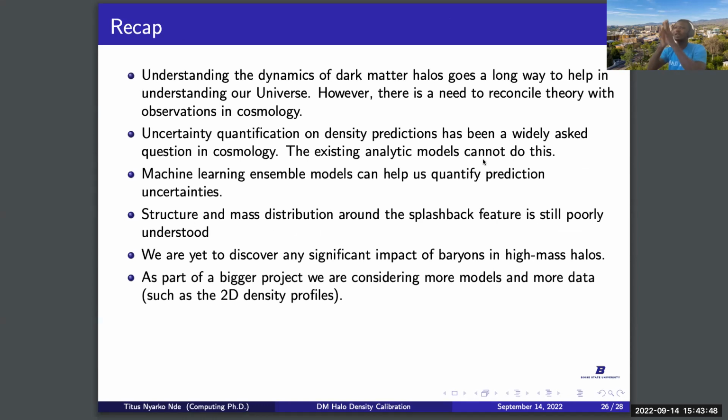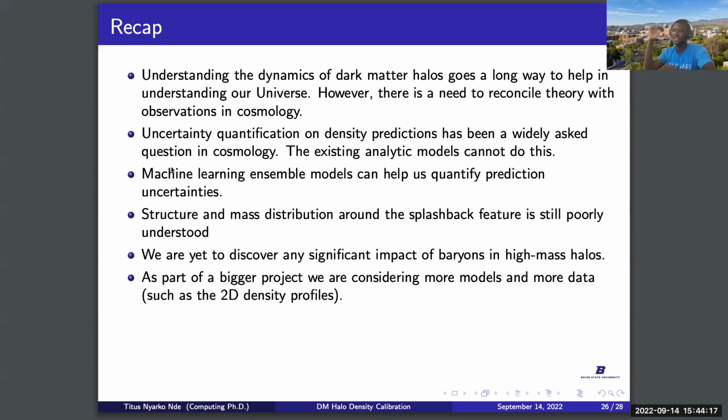So just a recap: we know that if we understand the dynamics of dark matter halos, it helps us to understand our universe in general. We also notice that the analytic density profiles we have are not able to help us quantify uncertainties on our predictions, which we think machine learning models can help us do.